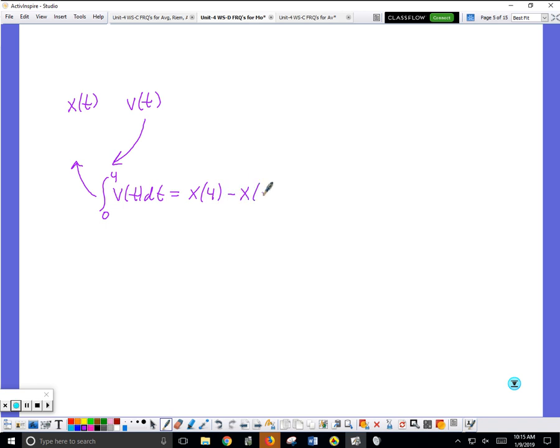How much the position changes during that time? Because it finds that area. The area of the velocity is the change in position. If you integrate acceleration, you find the change in velocity. That's the fundamental theorem. There you go. Cool.